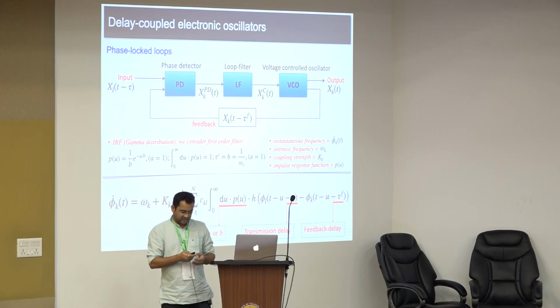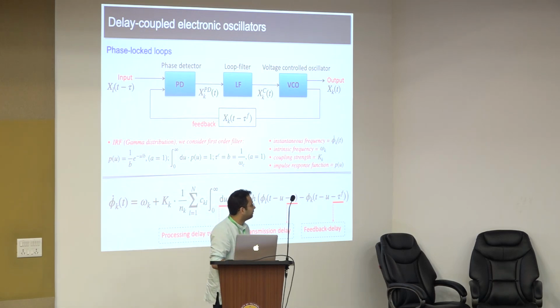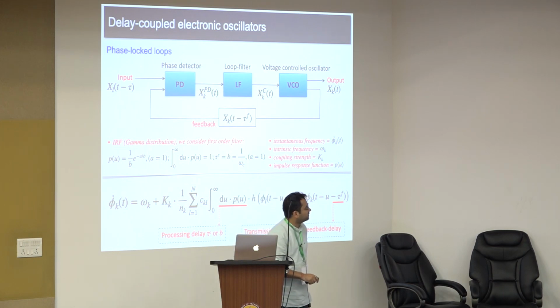The equation in this case is given by theta dot k, or phi dot k, which is the instantaneous frequency, equal to the intrinsic frequency of this VCO plus this modulation term. This is the coupling strength and this is the connectivity matrix, and we have three time delays in the system. The first is the feedback delay for this connection.